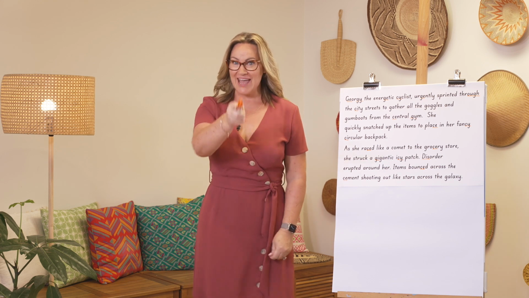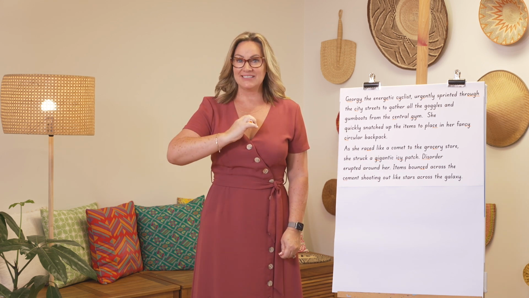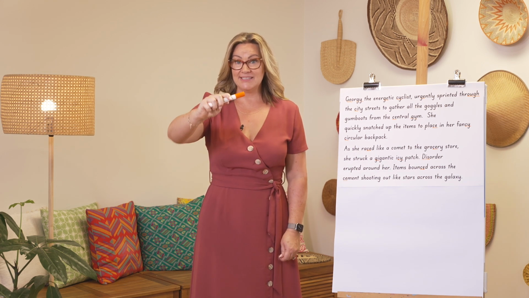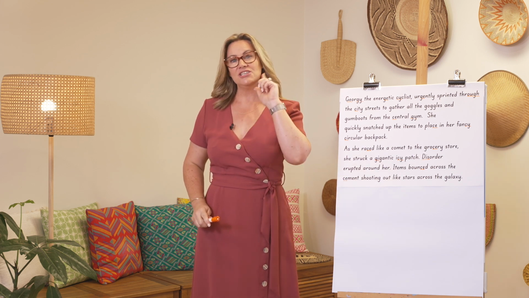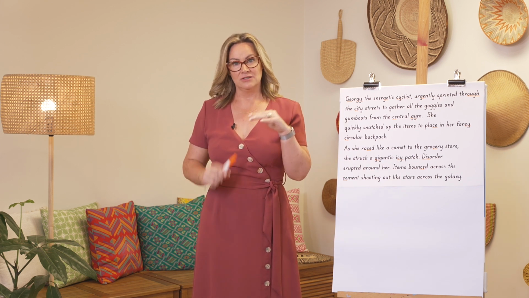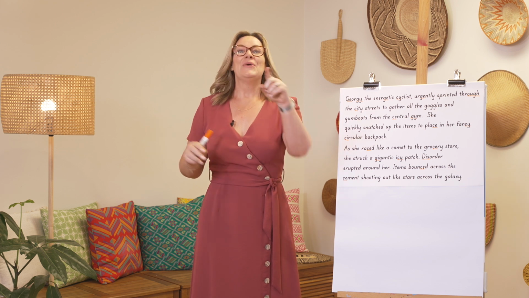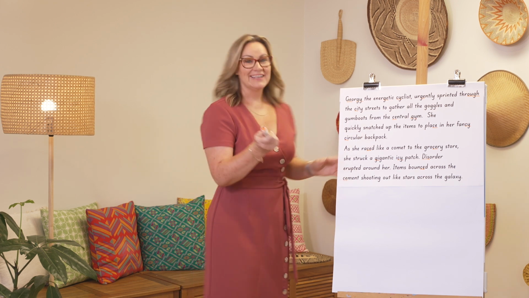Okay, echo reading. I say, scoop the phrases, you repeat. You need to copy my intonation. So I'm not going to read like a robot. We're going to read with expression. Let's do it.